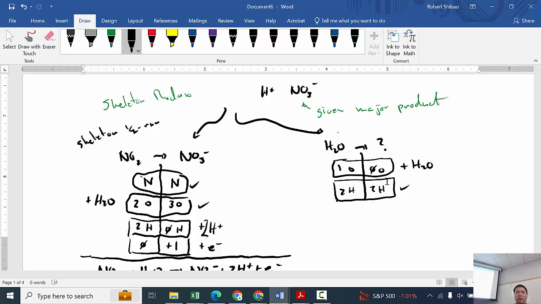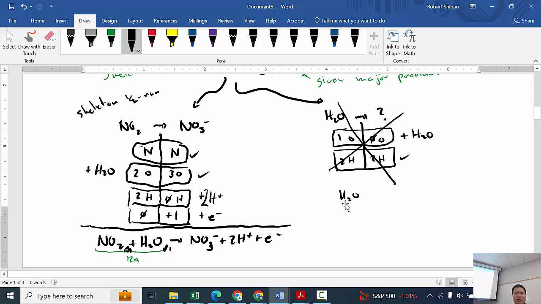And so what we're going to do here is this. We're going to go from H2O to H+. But going from H2O to H+ is not going to work for us. Maybe. We'll try it and see what happens.